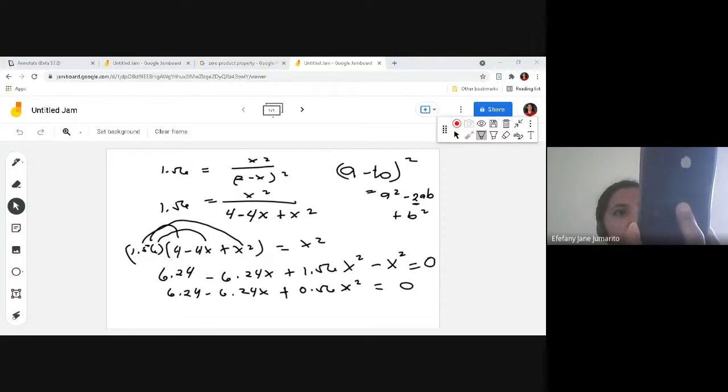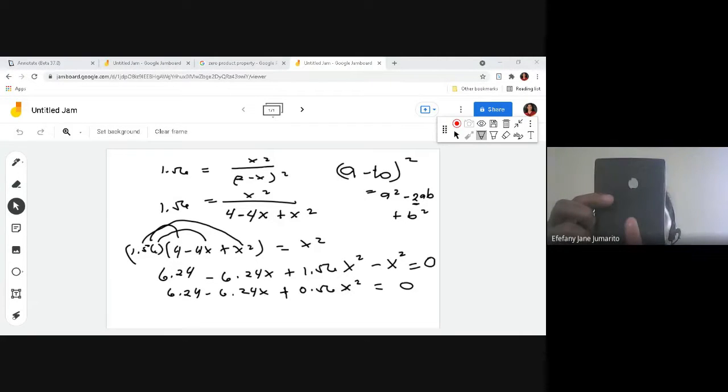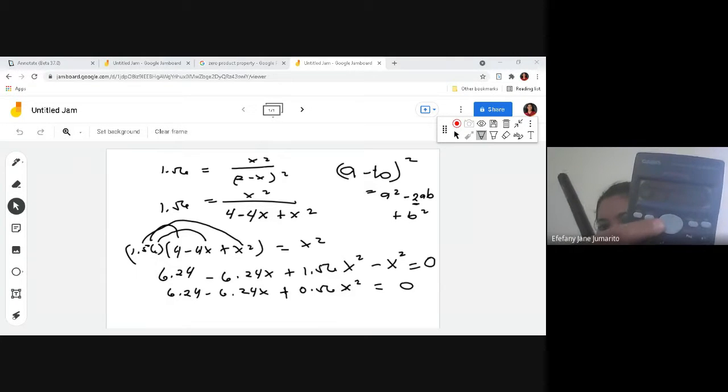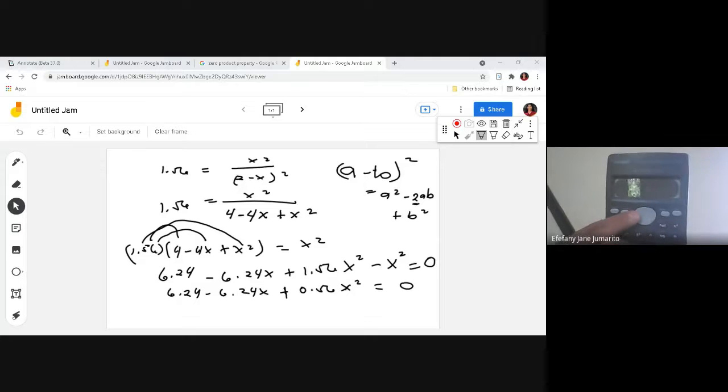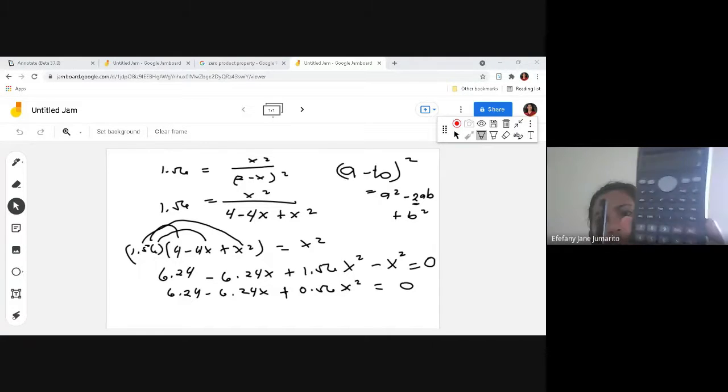Then equals. How many unknowns do we have here? Only 1. On the calculator there are 2 and 3 unknowns, but our unknown here is only x. So we press this one. Then we have the degree, so we press 2.